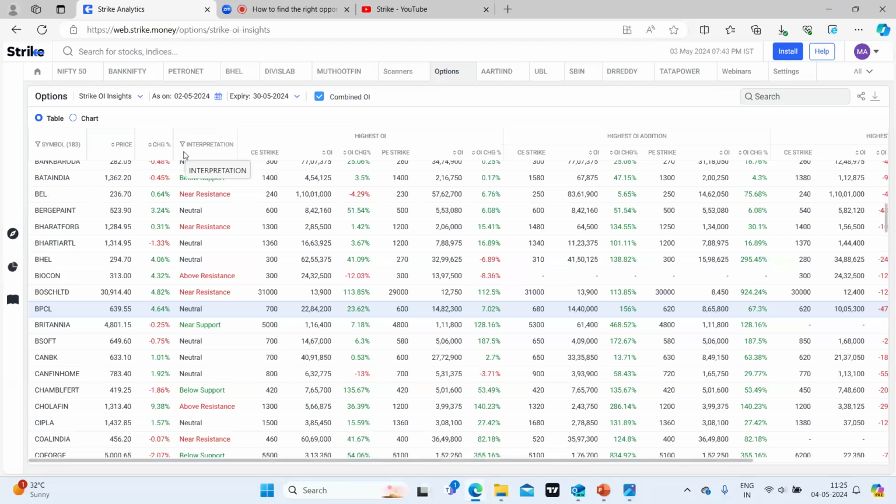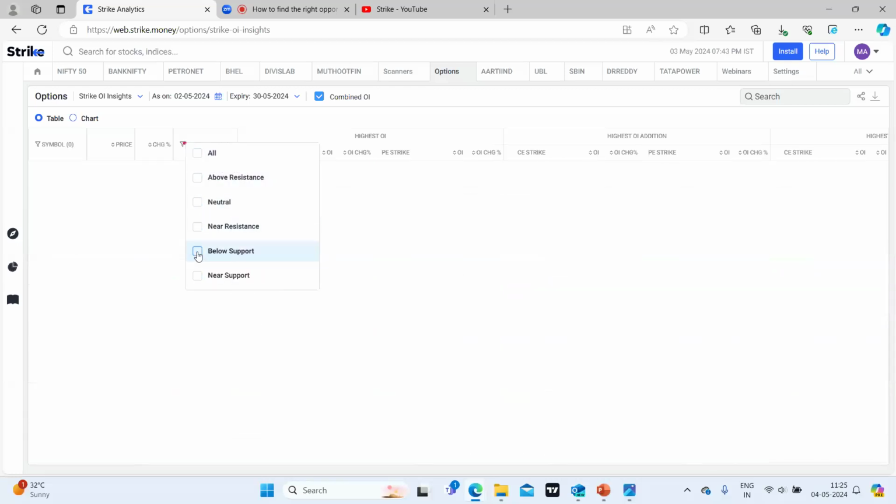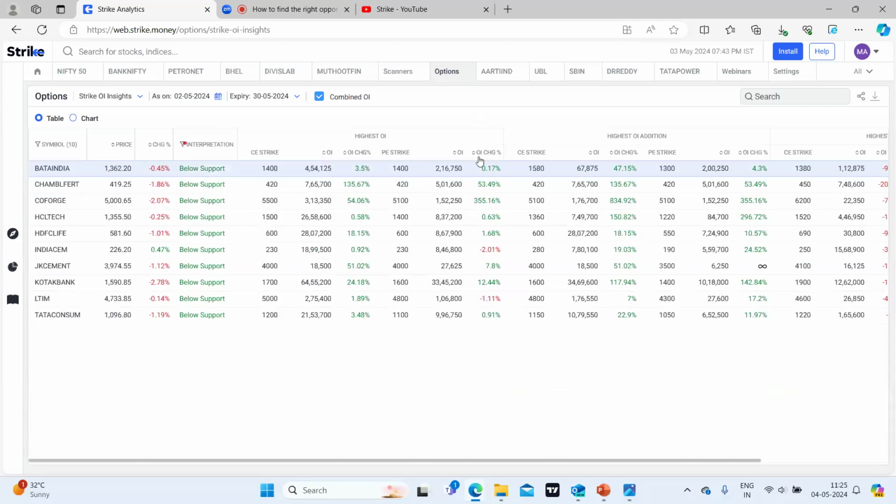Okay, so first below support पे देखते हैं सर. Idea is same here. जो हमारा above resistance पे है ना, there should be a double digit covering. Okay, covering in the put open interest, highest OI PE strike में there should be a double digit covering. उसके बिना then the price may not move, or there is more than 100%, like in this case, जैसे मैंने आपको Petronet का दिखाया था above resistance.